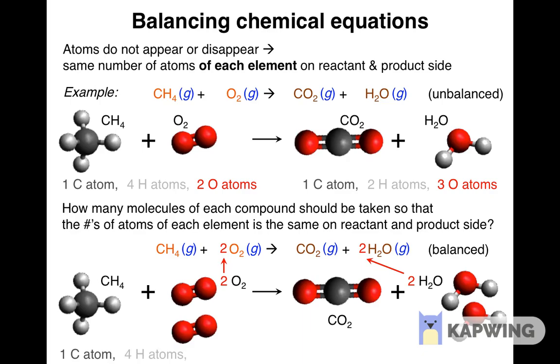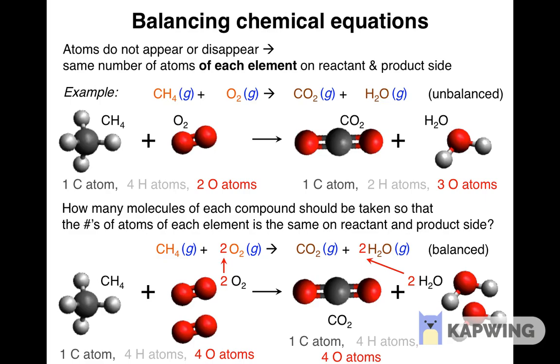There are 4 hydrogen atoms in the methane molecule on the reactant side, and 4 hydrogen atoms in the 2 water molecules on the product side. And there are 4 oxygen atoms in the 2 oxygen molecules on the reactant side, and 4 oxygen atoms on the product side, 2 in the carbon dioxide molecule, and 2 in the 2 water molecules. The equation of the chemical reaction is now balanced.